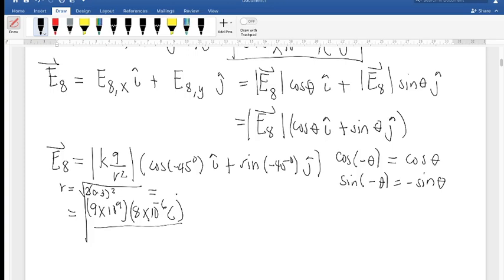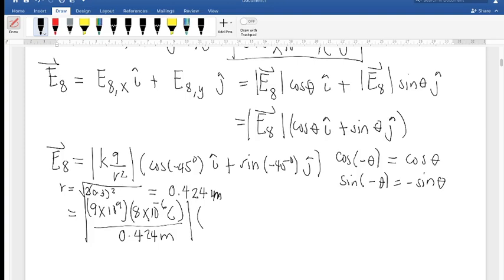So that is 0.424 meter. This is the distance of the 8 microcoulomb to our field point P. So we have 0.424 meter. Then the cosine of negative 45, or that is cosine of 45.